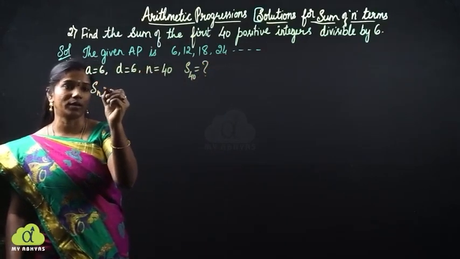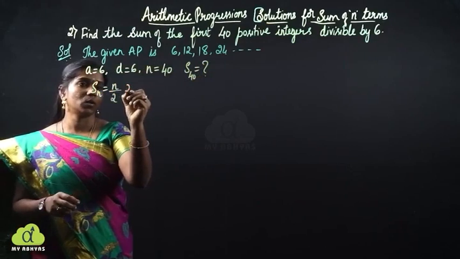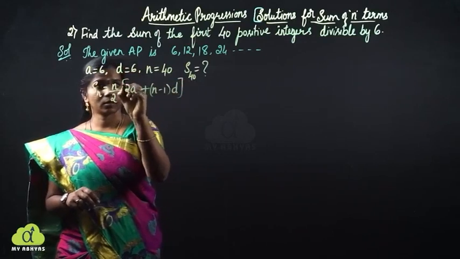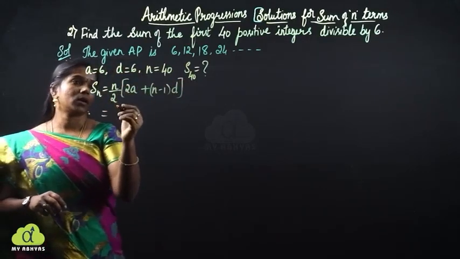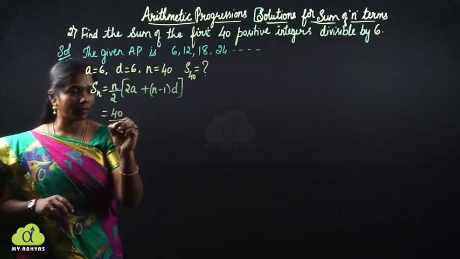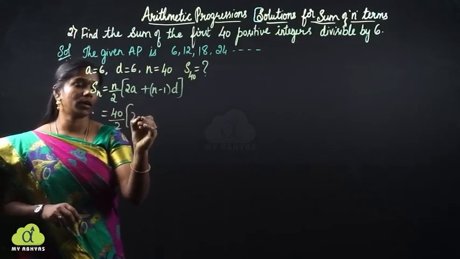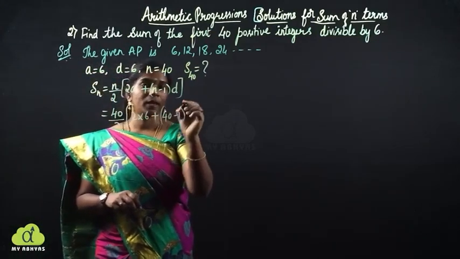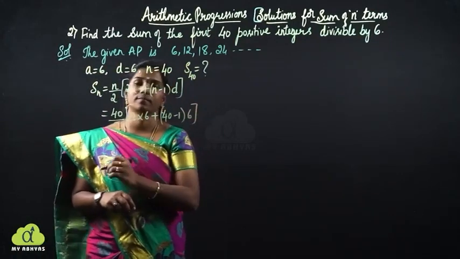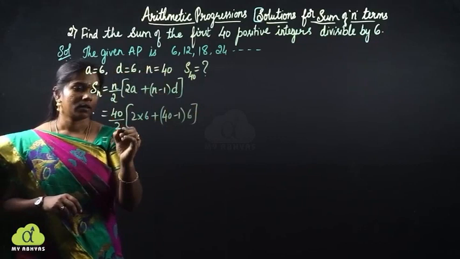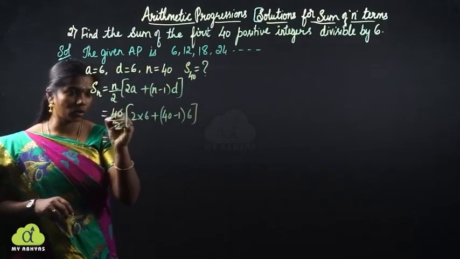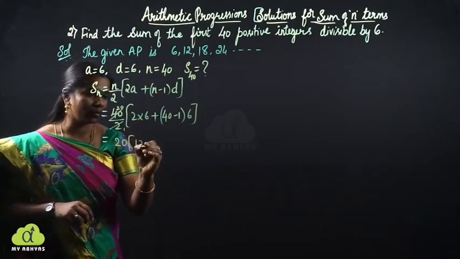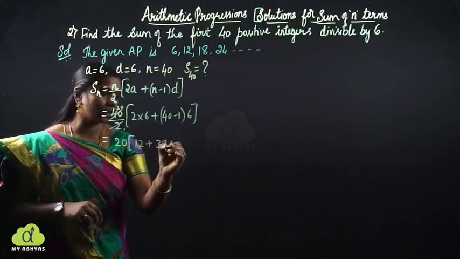So, write the formula again here. It is Sn is equal to n divided by 2 into 2a plus n minus 1 into d. n by 2. So, what is n? Here it is 40 divided by 2 into 2 into 6 plus n minus 1. It is 40 minus 1 into d. d value is again 6 here. Here cancel this. It is 2 ones are 2, 2 twenties are 40, so it is 20. And then 6 twos are 12 plus 39 into 6.